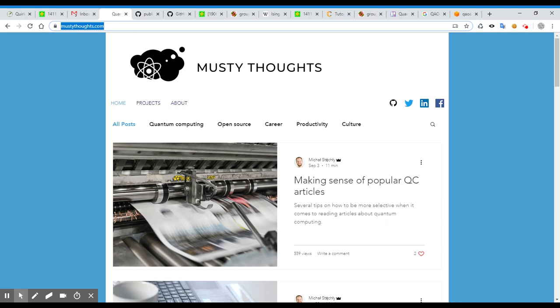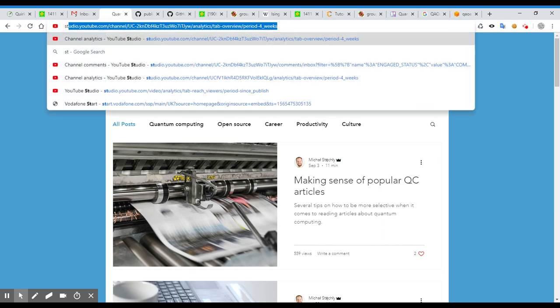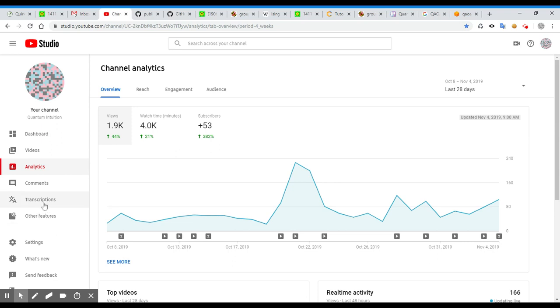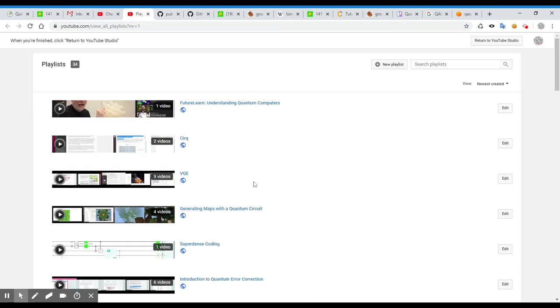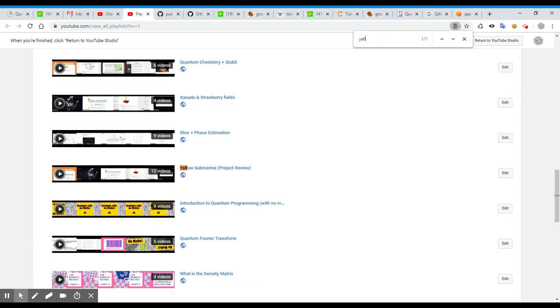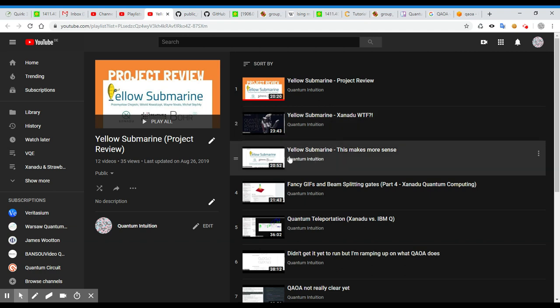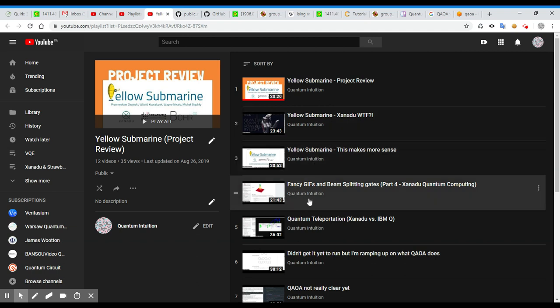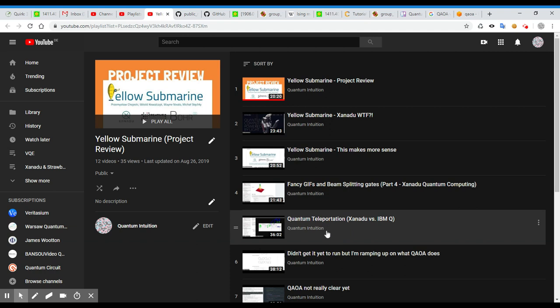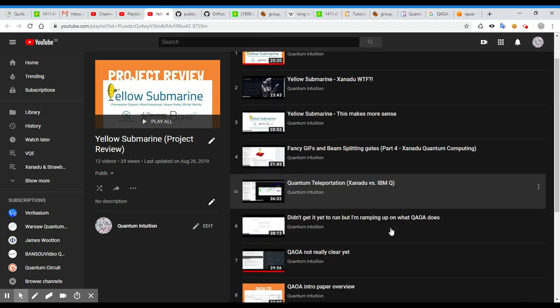Maybe let me just open up Studio and go to the playlists. I think if I go to the yellow submarine playlist, you can see this is really in the right order, where it's like, oh, what the hell is this? And Xanadu, what is this? And then there's some things here, and then I was playing with quantum teleportation, Xanadu versus IBM-Q.